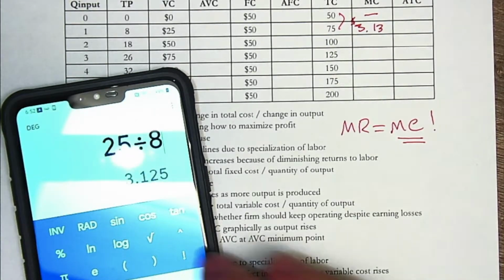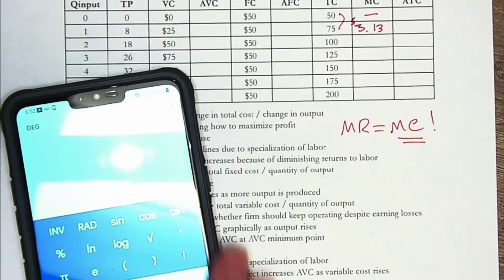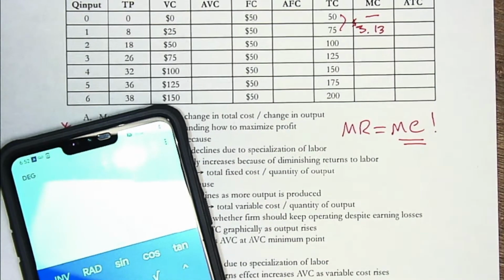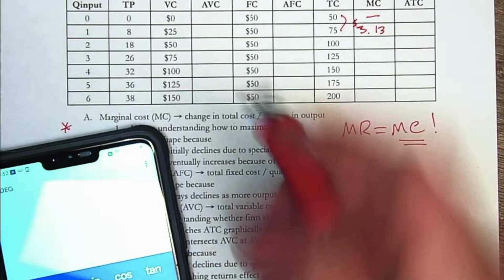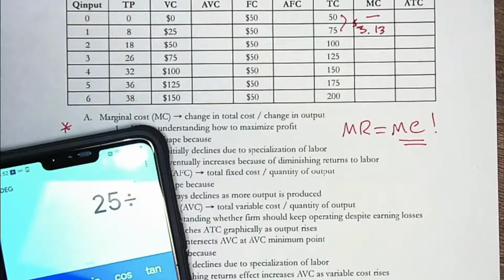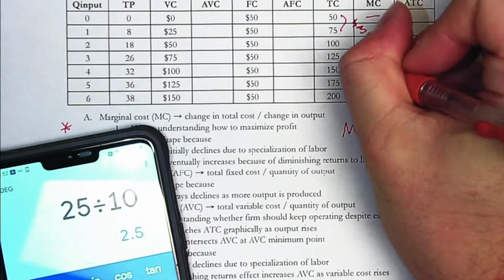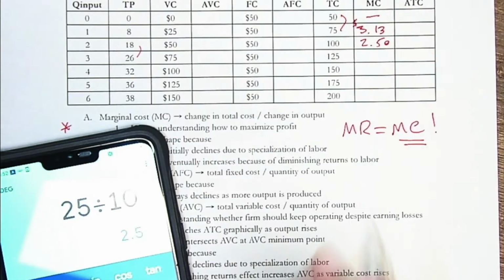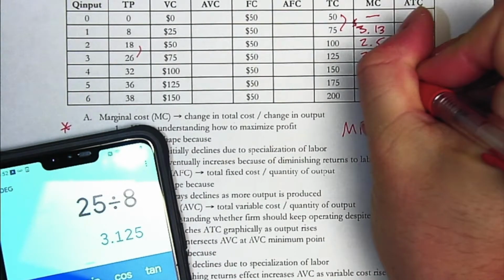We're going to repeat that process here, 25 for each of these, but then we're going to divide each time by the change in total product. So here the change in total product is 10, so 25 divided by 10 is $2.50, and then we have 25 divided by 8, since the change is 8. 25 divided by 8 again is just $3.13.